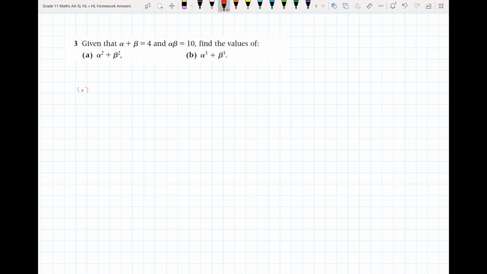All right, similarly, so we can write this as alpha plus beta, squared, minus 2 alpha beta, and then we substitute. Which is minus 4.